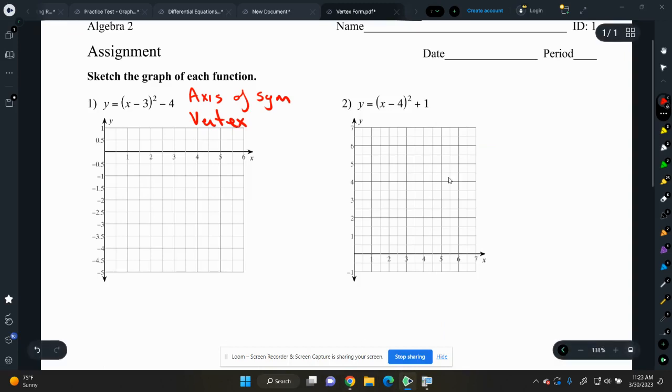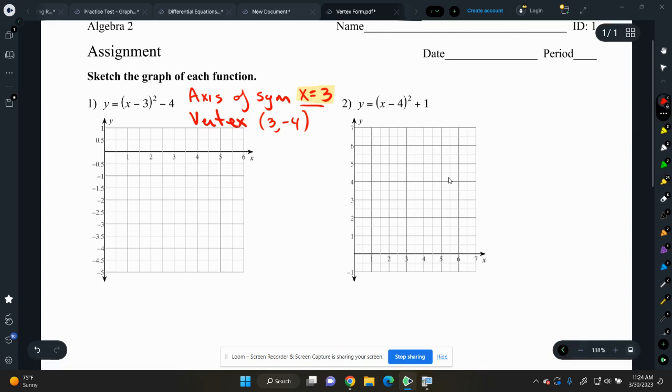Okay, so this one, what's the vertex on this one? 3, -4, right. And the axis of symmetry is x equals 3. Make sure that you say x equals, okay?